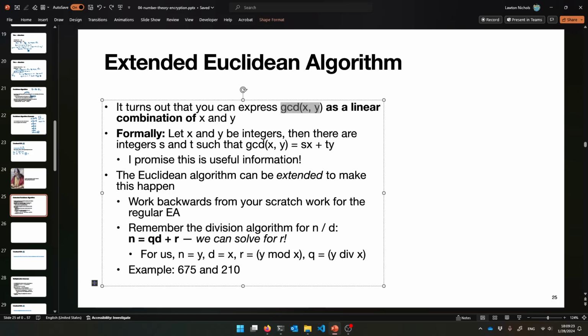Here we're using x and y, and we're dividing by things. But what are we doing? We're doing y mod x all the time in our algorithm.